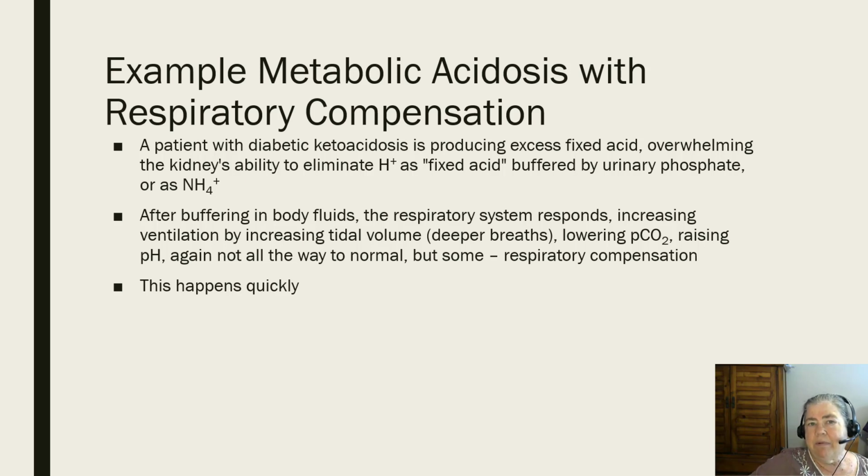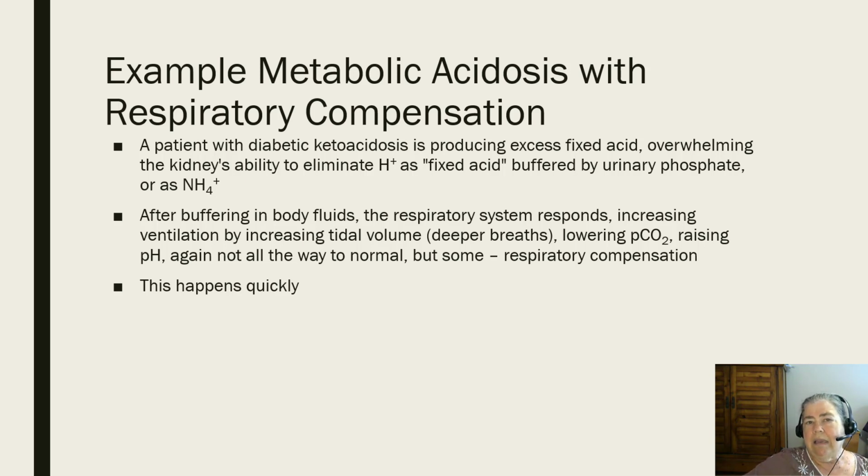An opposite example is metabolic acidosis with respiratory compensation, and this is something some of you may have seen. When we have a patient with type 1 diabetes who develops diabetic ketoacidosis, they're making lots of extra fixed acids because of those keto acids that are being created by metabolizing lipids instead of glucose.